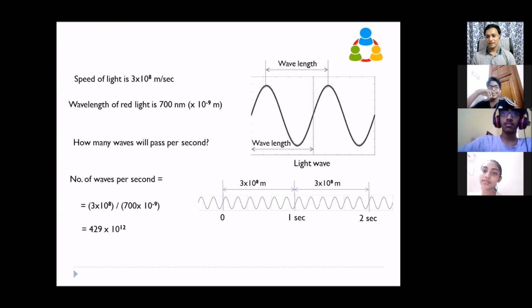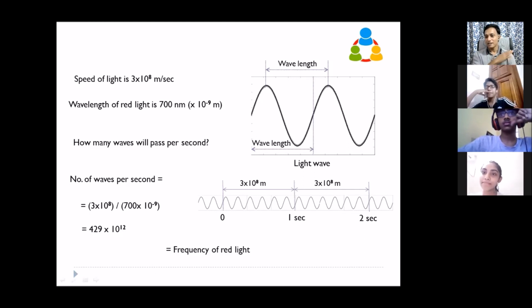Yes, sir. So what is it called? Number of waves per second. Frequency. Superb. Who told that? Sriyesh. That is what is called frequency. This is how you calculate frequency.